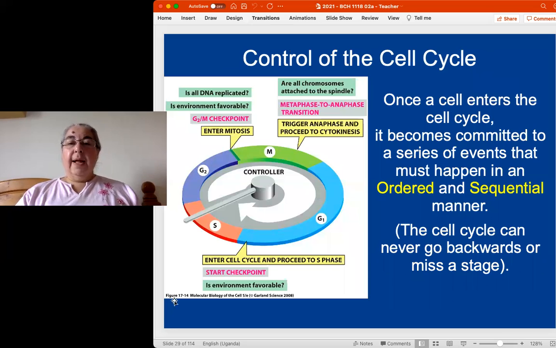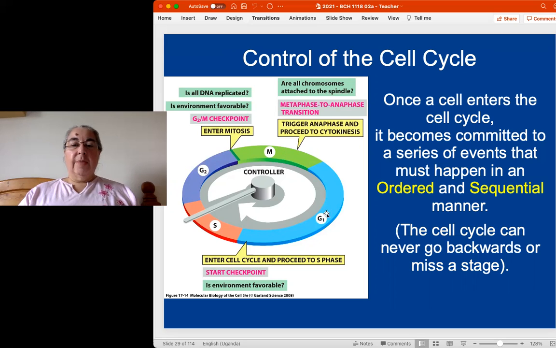Okay, so how is the cell cycle controlled? Well, once a cell enters this cell cycle, it has to go through the whole of the cell cycle in the correct order. So if we think of this as something a bit like a clock with a finger going around it, this finger has to go round the whole cycle in the correct order.